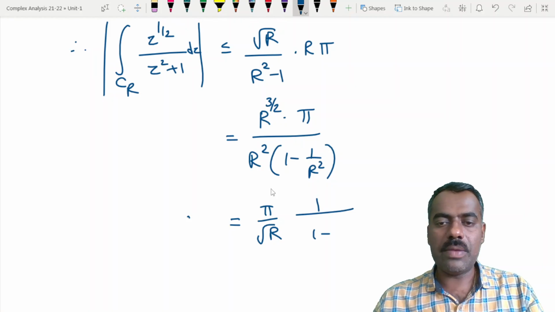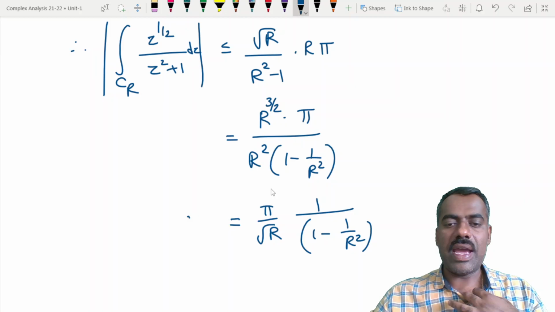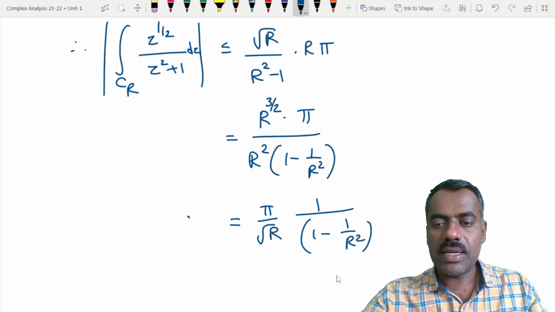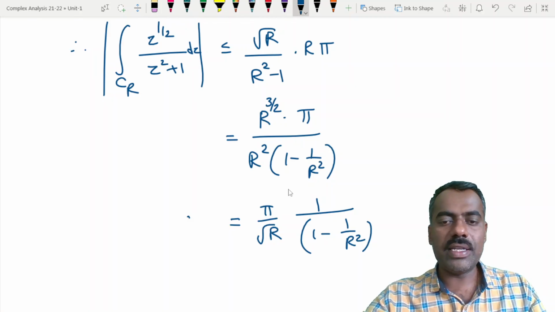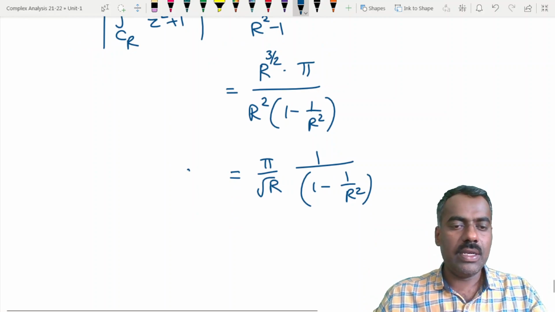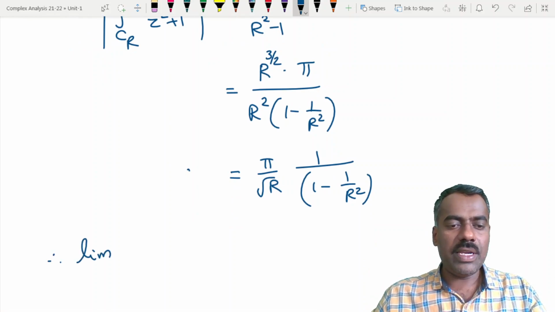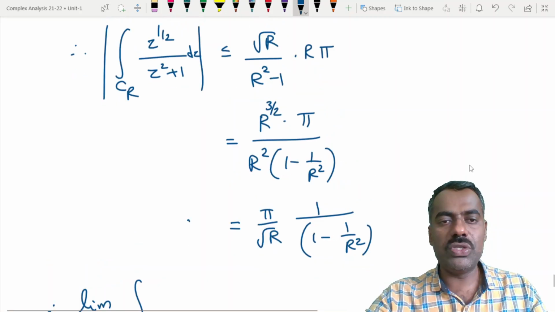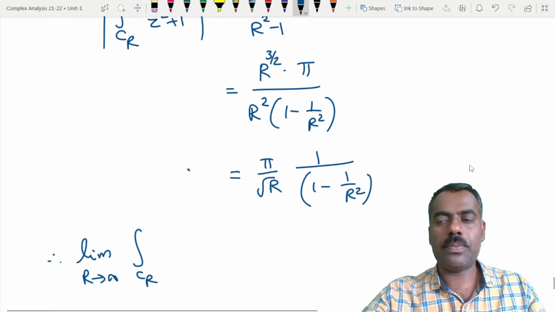Then 1 by 1 minus 1 by R square. Now as R tending to infinity, this part tends to 0, so you have 1 here, and this part, because it is in the denominator, tends to infinity. Therefore, as R tends to infinity, the integral over C_R, because its absolute value tends to 0, has to be 0.